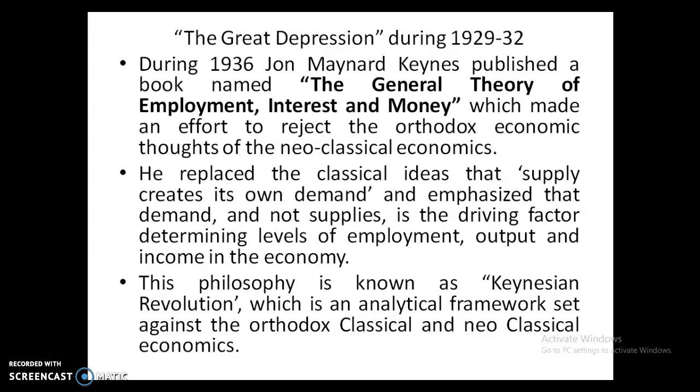So after that, in 1936, John Maynard Keynes published a book named The General Theory of Employment, Interest and Money, which made an effort to reject the orthodox economic thoughts of neoclassical as well as classical economics.